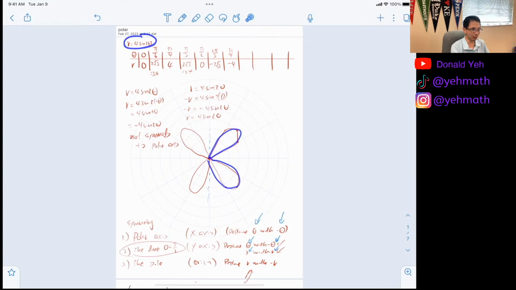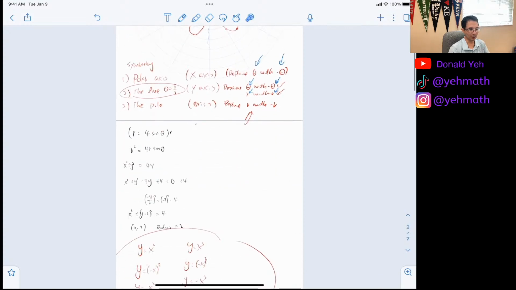And that's true, so I'm symmetric to pi over 2. Then I can just copy the other side, and I'm done. I don't have to plug in another 8 values probably. I can just do half and copy the other half. So symmetry is very, very useful to see which line it is symmetric to.